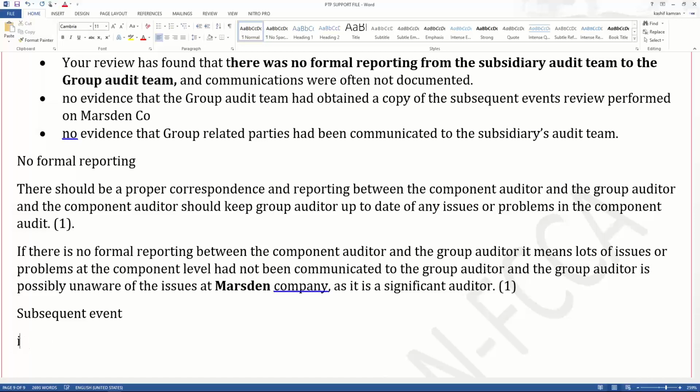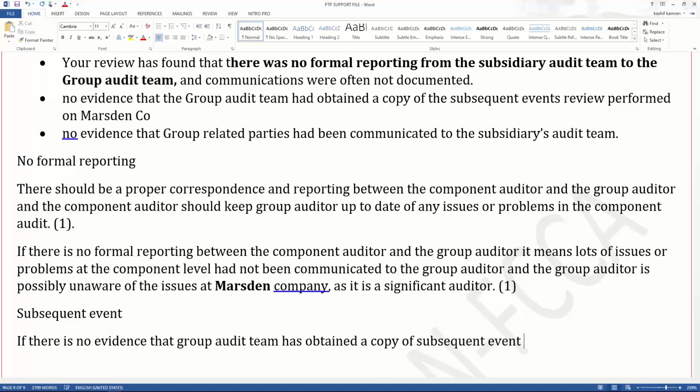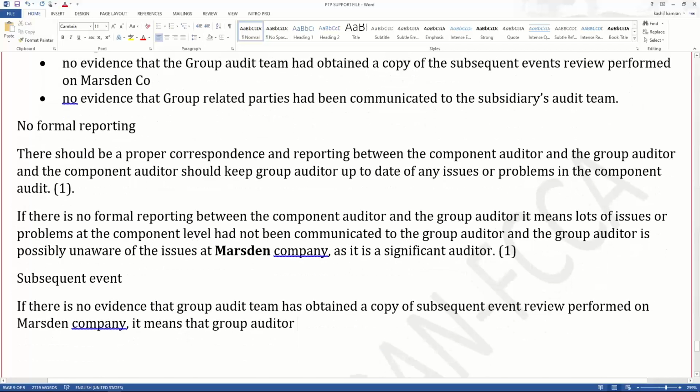This means if there is no evidence that the group audit team had obtained a copy of the subsequent event review performed on Marsden company, it means that the group auditor has not considered the impact of the subsequent events.